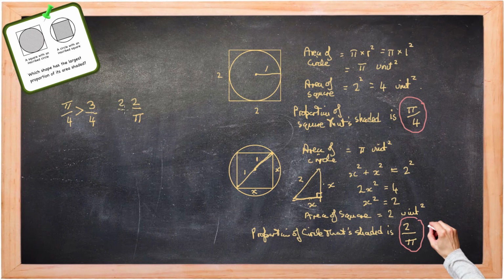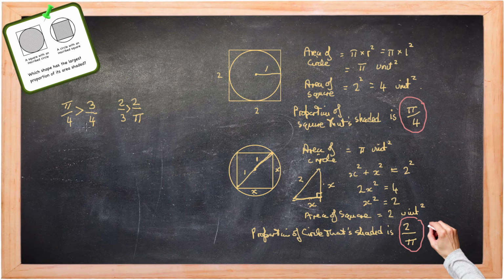So 2 over 3, we're making the denominator smaller, we're increasing the value of the fraction. It works the other way. This becomes 4, 2 over 4, 2 over 5, 2 tenths, 2 hundredths. The fraction's getting smaller. So as the denominators increase, the fractions get smaller. So 2/3 will be bigger than 2 over pi.